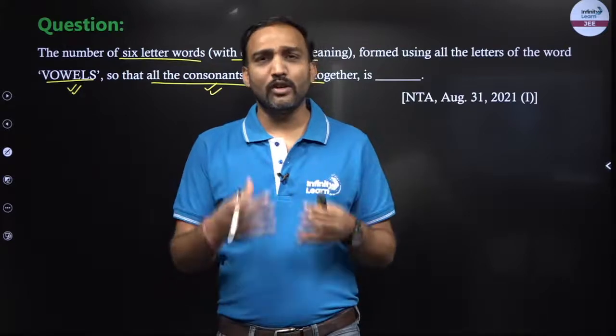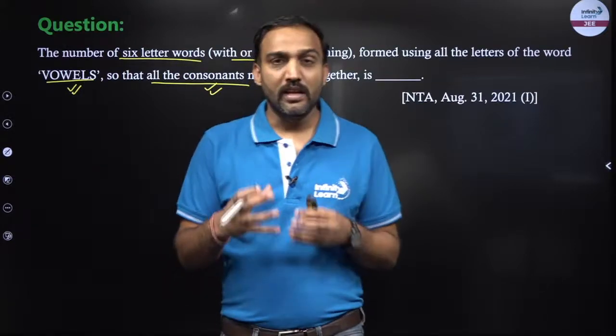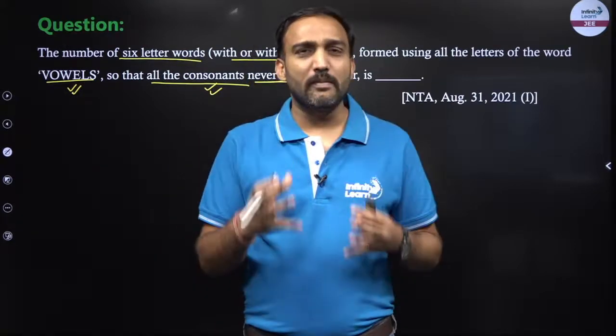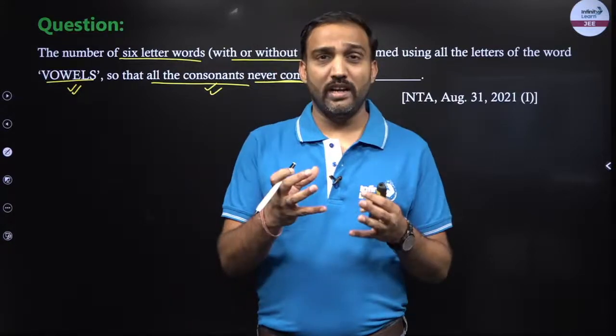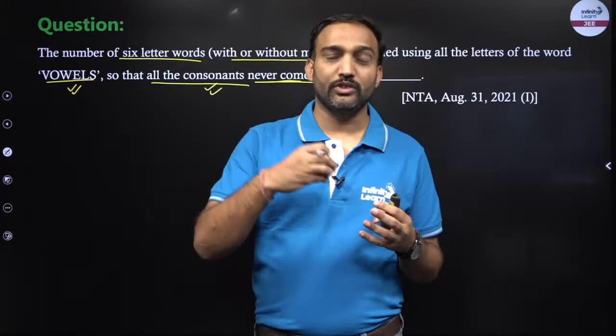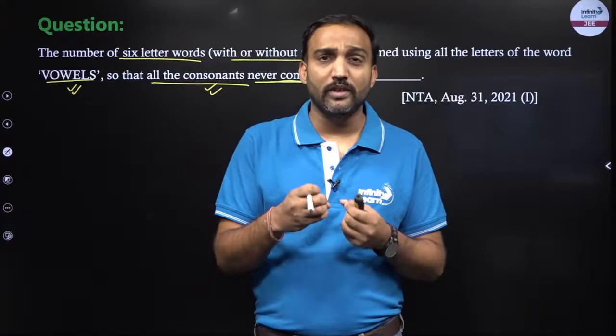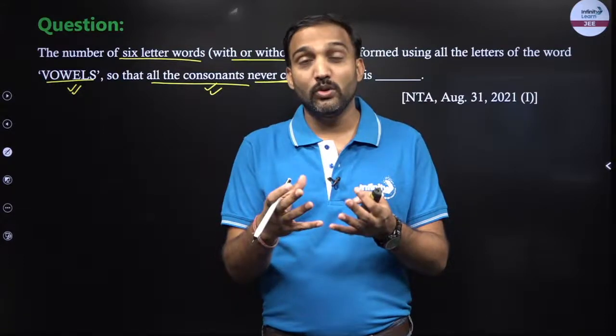Now in such kind of question, how do we move ahead? We'll find out the total number of arrangements. The total number of arrangements will include when all the consonants are together, or when some of them are together, and those cases where the consonants are not together.